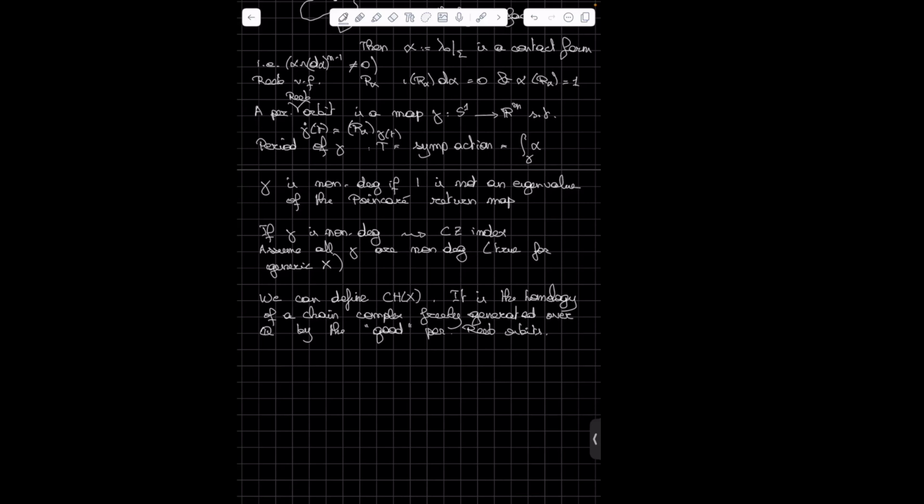I'm just saying there exists a differential, and it is filtered over R by the symplectic action. And so I can talk about the filtered homology.